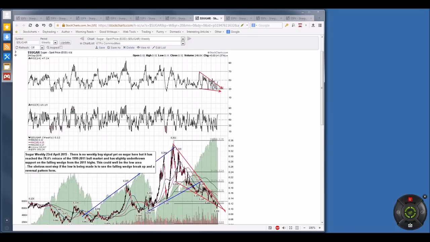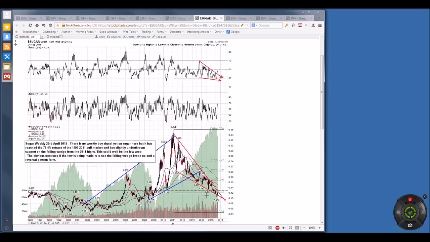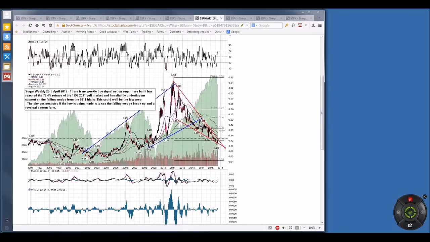What I was saying was, when this wedge is coming close to the end, this will break up. And it broke up a couple of weeks ago, and this is very close to the low. You can see from the pattern structure, you'd expect that anyway. We are expecting, I think, another low, or at least a retest of this low. But this is close to a bottom on this pattern from 2011, and there's a very nice buy lurking around here somewhere.